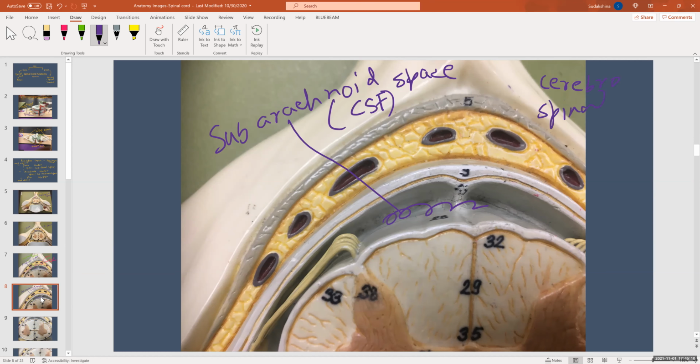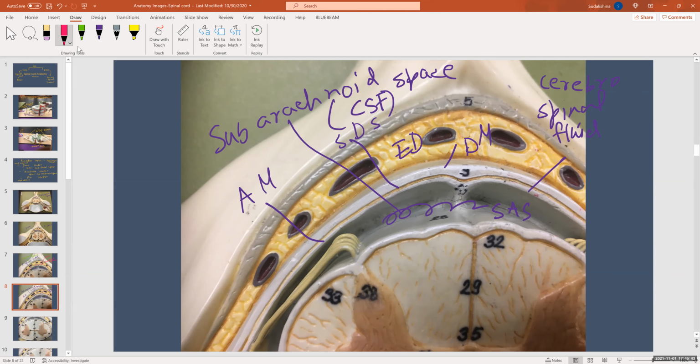Cerebrospinal fluid, CSF, right there. So epidural space, dura mater, subdural space, arachnoid mater, and this is subarachnoid space filled with cerebrospinal fluid.